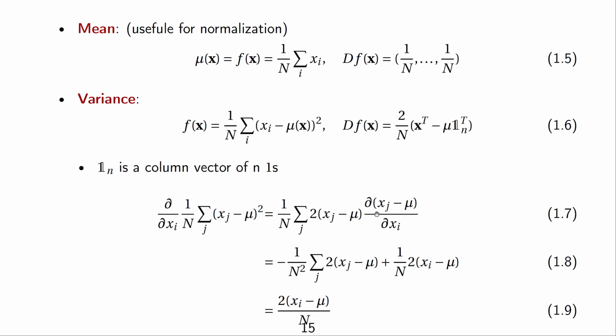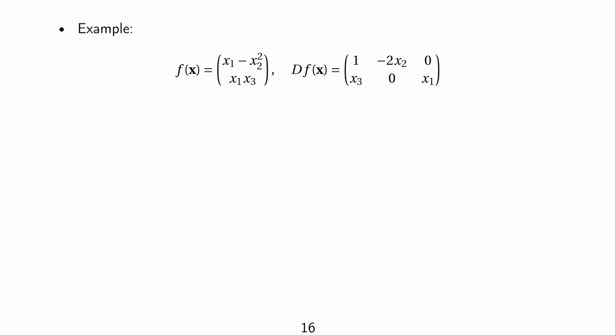There will be a single time when this will be 1, the case when x_j is x_i. So we'll get 1 divided by n, 2 times (x_i minus mu). And that's what's written here. Then we sum together and get this solution. And then we have to write it in vector form. So we'll do this, and we'll obtain this final solution.